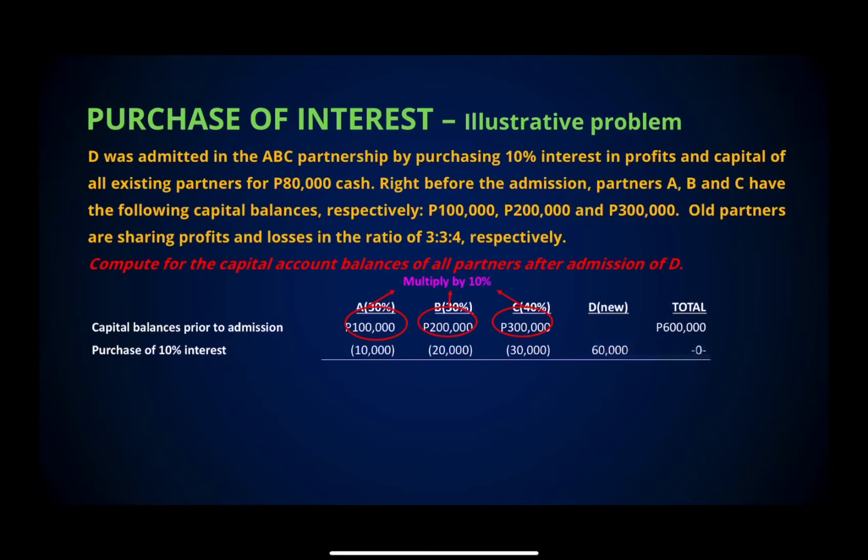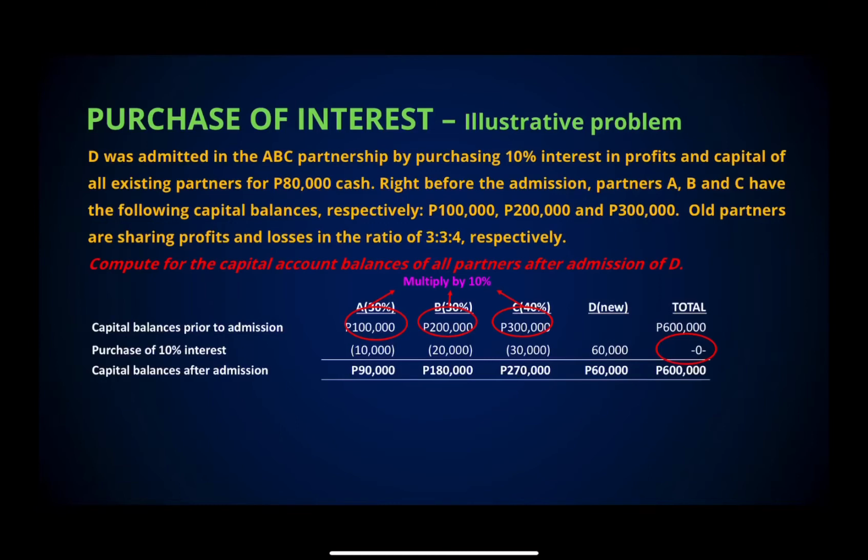As you can see, the total partnership capital is not affected by purchase of interest. It is because the entry to be made is related to transfer within equity. And now, let's compute the capital balances after admission.